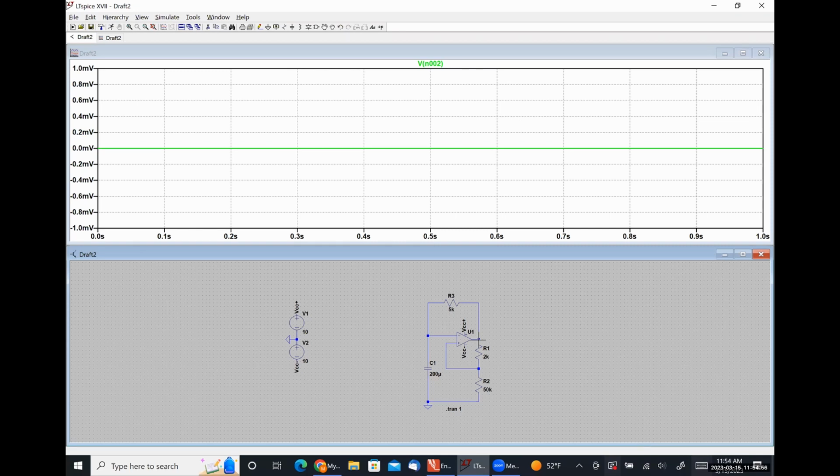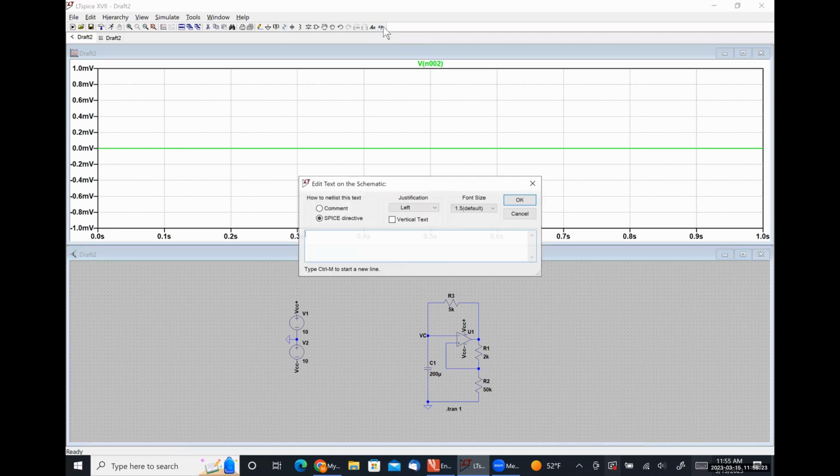So how I'm going to trick this thing is I'm going to give my capacitor a little bit of stored energy by saying that there's a small voltage drop to start things on. So we're going to say that the voltage at this node, I'll label it as VC, we're going to put an initial condition on this. .1 volts.